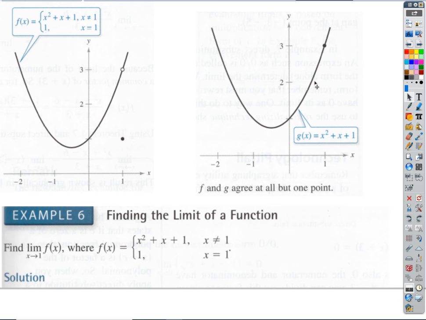Because if all we're looking for is the value of the function that the ant anticipates stepping on, why not just pick the function that the ant actually would step on and use direct substitution? You see my point? This is kind of a crazy name for this, but this technique in calculus is called finding two functions that agree at all but one point.